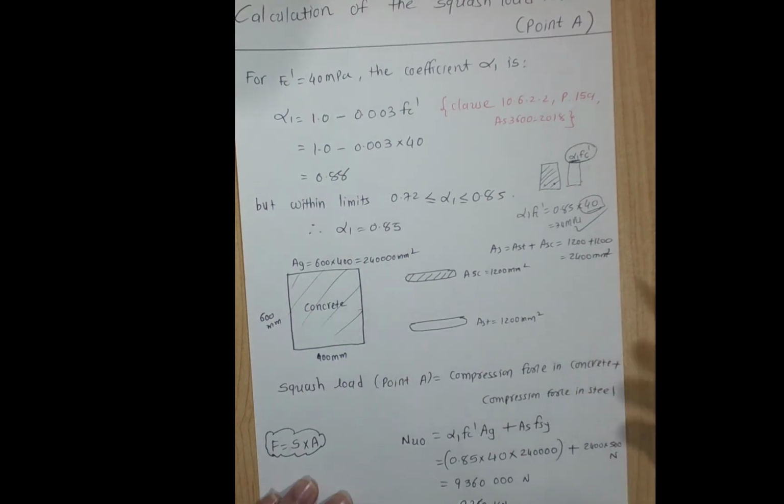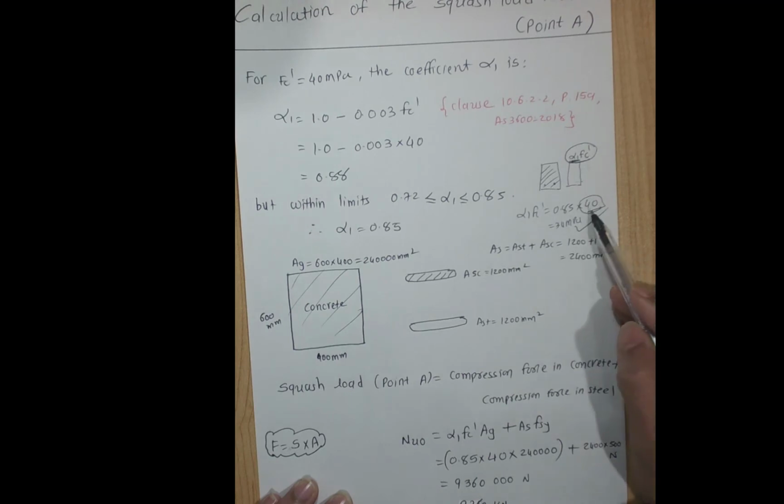Why does the Australian standard not allow us to take 40? Because the concrete is made at the site and it has a lot of variables. If the same person is making it with the same quantity, when you test it, they will have variations depending on temperatures. If you prepare the concrete in the morning and then in the afternoon, it will have a different property. Concrete is a very strange material where its properties are affected by humidity and temperatures. If you are casting the concrete in Sydney, it is different from Melbourne or Queensland or Northern Territory, depending on the weather.